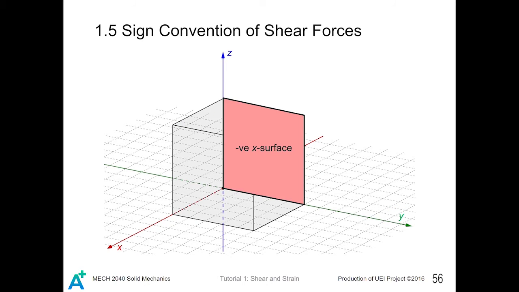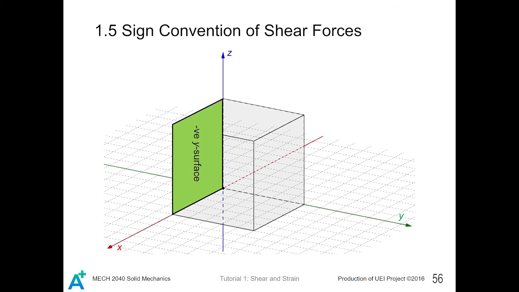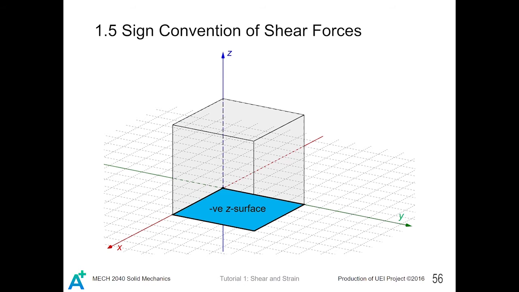Then the negative x surface. So you can see the negative surface and the positive surface are opposite and parallel, okay? So this is positive x, and the negative y surface, and the negative z surface.